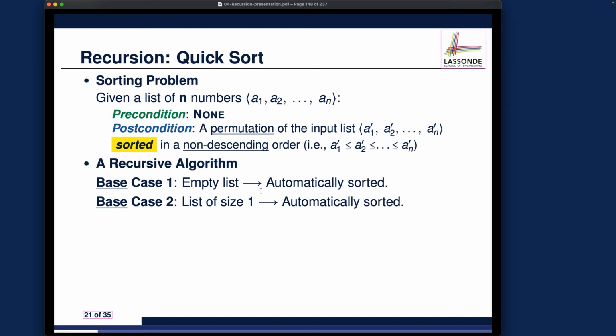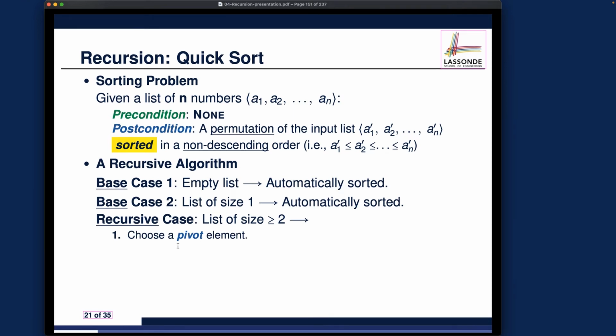There's one thing I would like to show you first of all. For the recursive case, we want to choose something called a pivot. I want you to see this word right away. This pivot is going to decide how we split the list into 2 halves. And the pivot has to be chosen in a very careful way. Let me do a comparison right away.